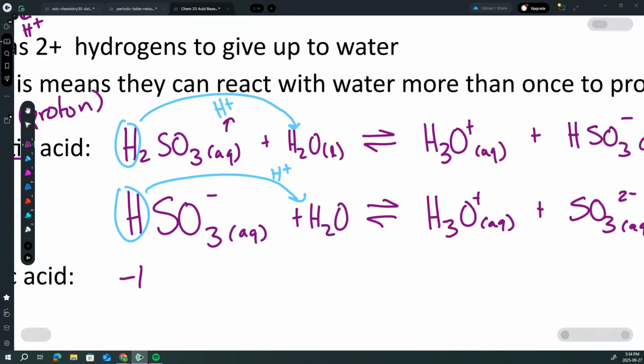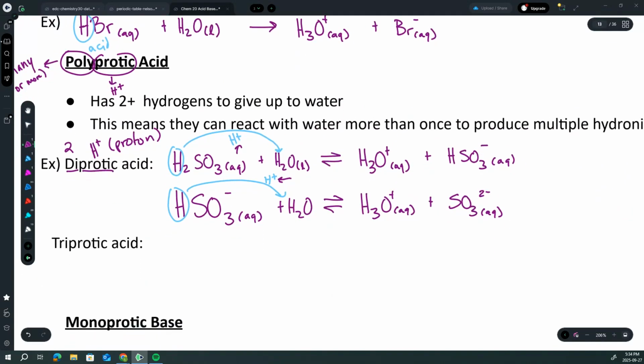Well, we started out with a 1- charge and we lost a 1+ charge, which gives us 2-. And since we have no more hydrogens to give away, that is our clue that we are done.